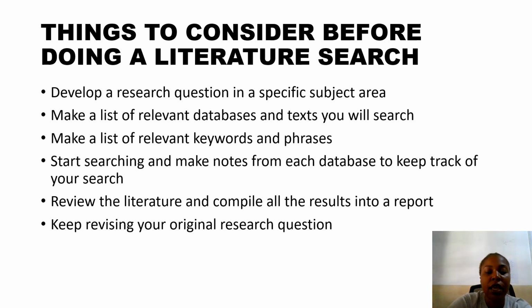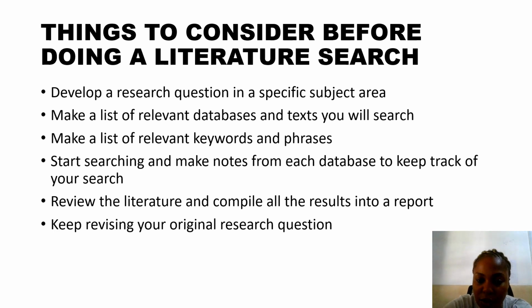So if you are doing research on, let's say, time management of students, then your keywords are time management, and another keyword is student. If you are doing, let's say, lack of cooperation amongst students in a class, your keywords are lack, cooperation, and student.